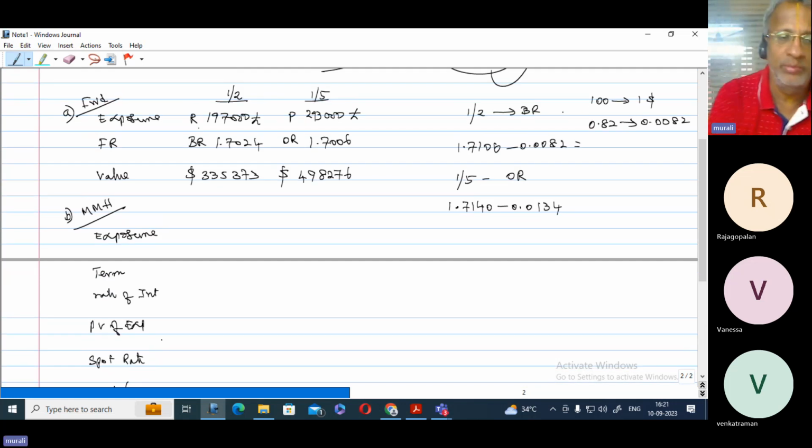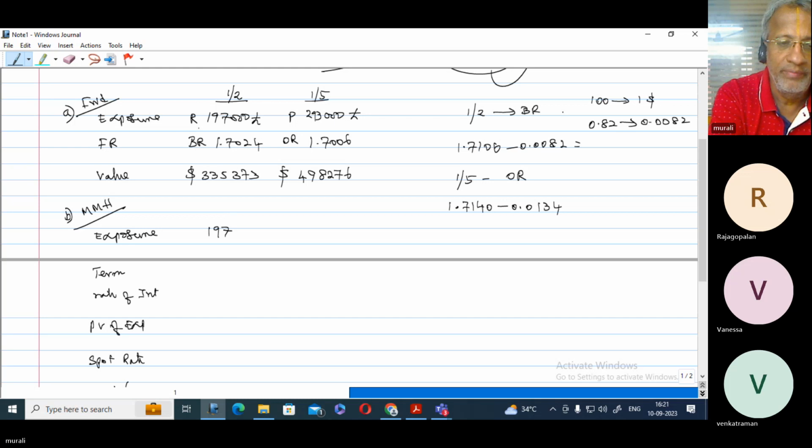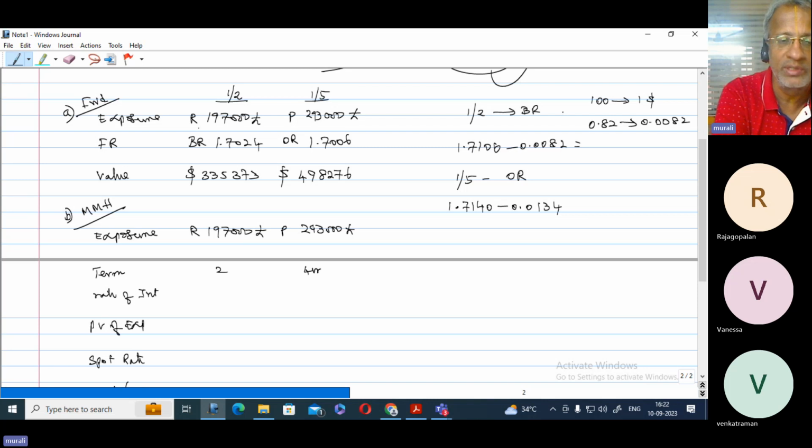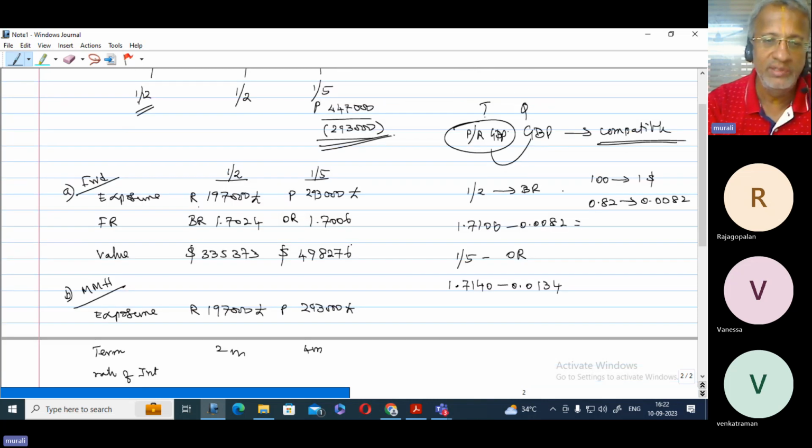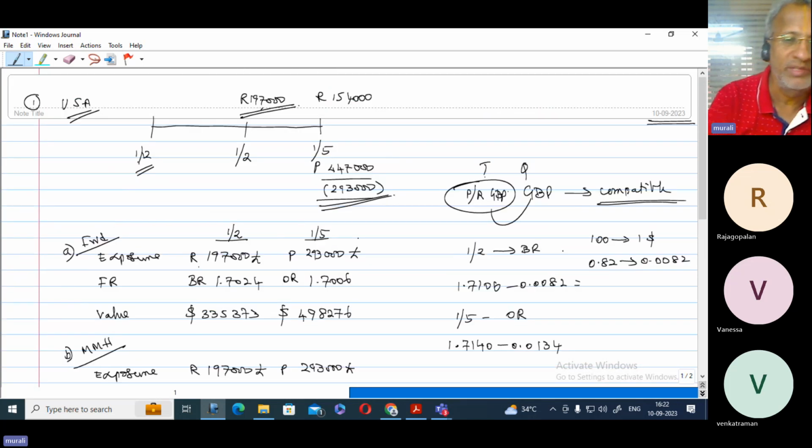Now, always remember, whenever you have a problem like that, take that extra half a minute and in one shot we can finish them off. 197,000 pound sterling, 293,000 pound sterling, receipt and payment. Term 2 months, and here it is 4 months. How come? We have already seen the time space. We have December and January, only 2 months.